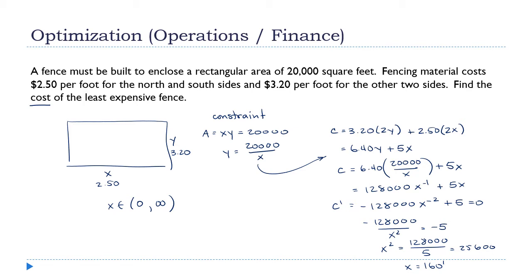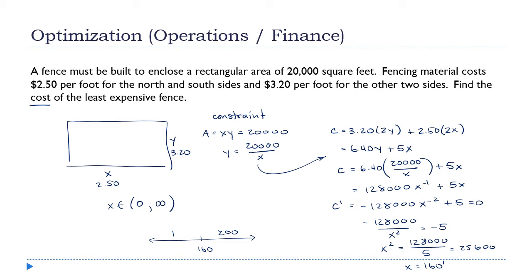So when that happens, we have to fall back on our rule for finding local extremum, and we just have to do a test, right? I'm going to draw my number line, and I'm going to put 160, and I'm going to pick numbers that are easy to work with. Let's pick 1, and I don't know what's going to be easy on this side, but let's say 200. Right, so now I'm looking at the derivative. Always helps to be sure.